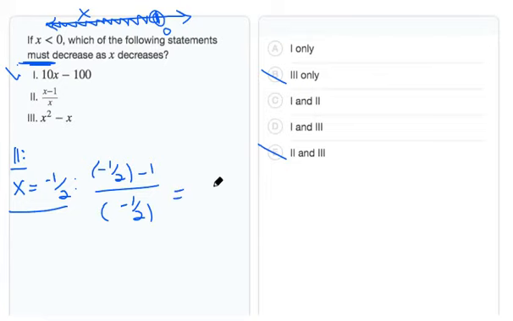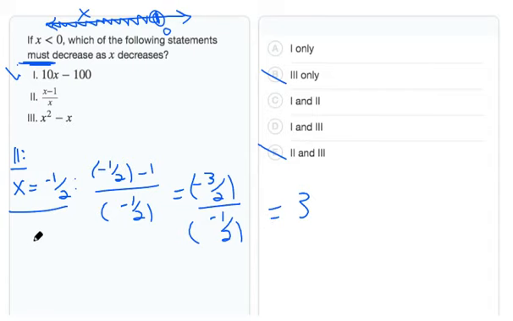Simplifying the top, we end up with -3/2 divided by -1/2. And simplifying this, we end up with a 3. Flipping the fractions, the negatives cancel, and if we change our division to multiplication, multiplying by the reciprocal of the denominator, then we would cancel the 2's and be left with a positive 3.